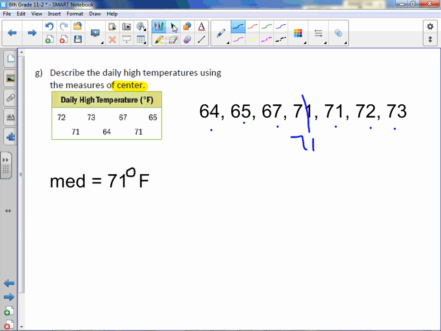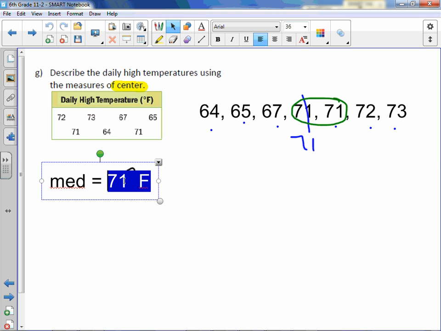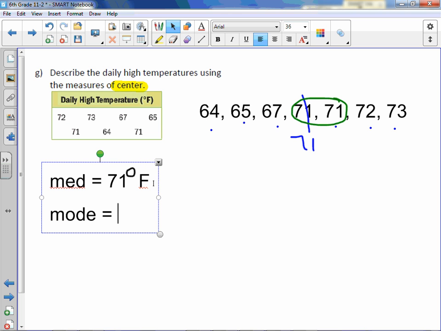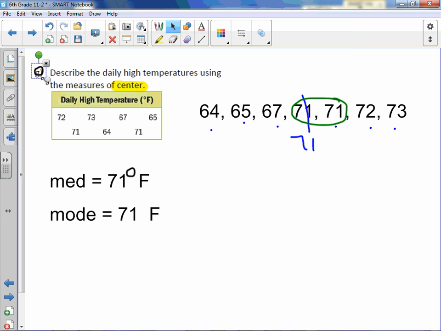Okay. Our mode is what happens most often. And it looks like 71 is the winner there. So 71 is the mode. Okay.